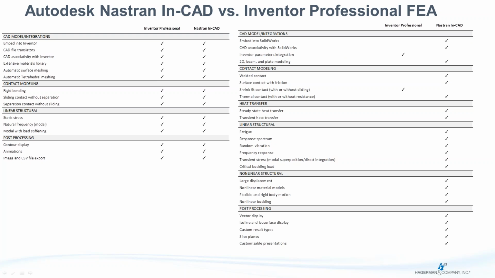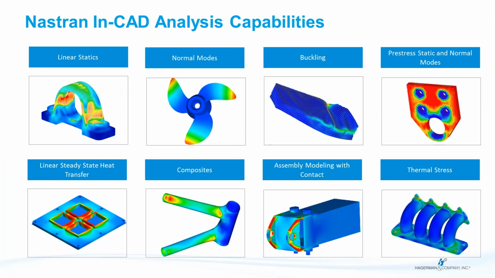You can see some of the similarities here on the left, where Inventor Professional and Nastran line up. On the right, we can see the differences, things like heat transfer, some differences in linear structural as well as nonlinear structural, and some post-processing differences. There are quite a few things that Nastran In-CAD can do beyond the capabilities of Inventor Professional.